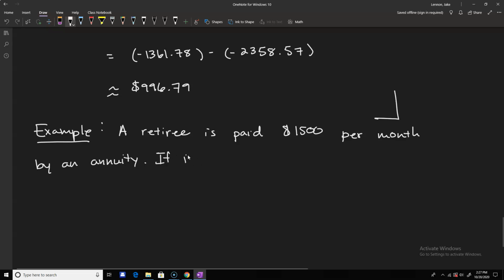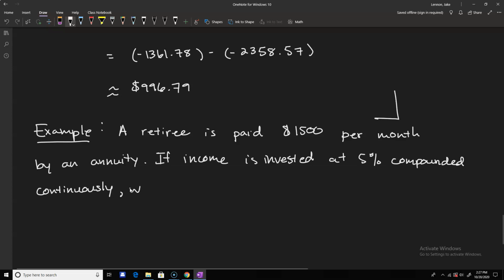If income is invested at 5%, compounded continuously, what is the future value after 10 years?